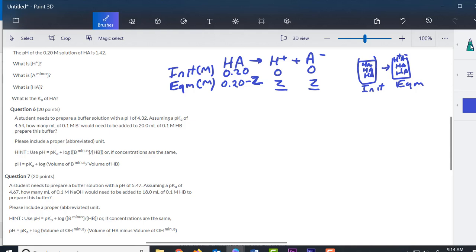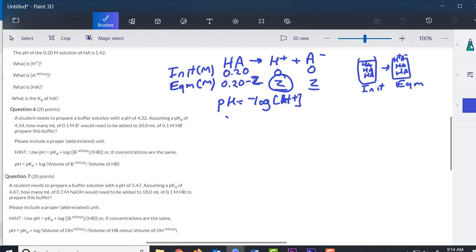So in order to calculate the concentration of H plus here, which is going to be Z, by the way, then we can use the pH that's given in the question. Now the pH is 1.42, and we're assuming that that's at equilibrium. What we know is that pH is equal to the negative log of the hydrogen ion concentration, negative log of H plus.